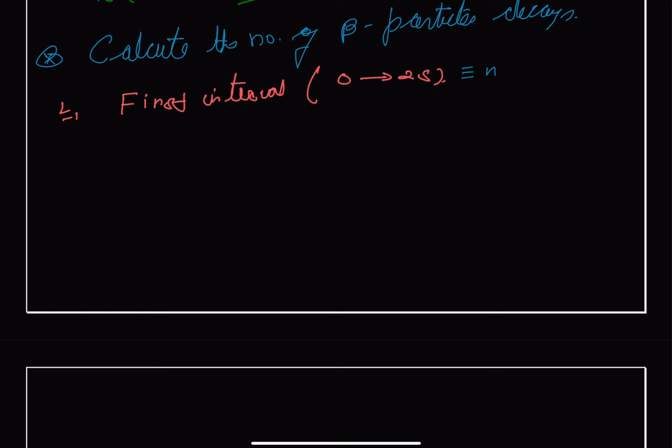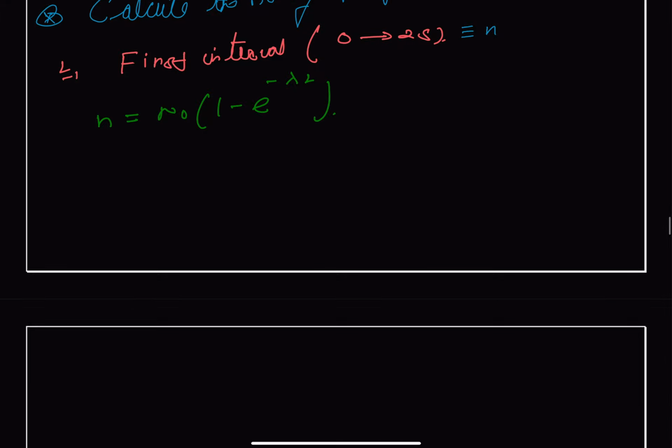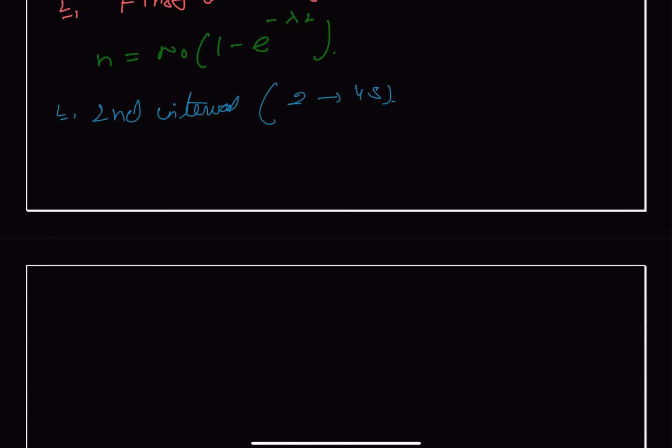Therefore we can write the equation that small n will be equal to N naught times 1 minus e raised to the power minus lambda times 2. And we have a second interval, which starts from 2 and ends at 4 seconds. In this case, first of all we have to find the remaining nuclei at t equal to 2 seconds.